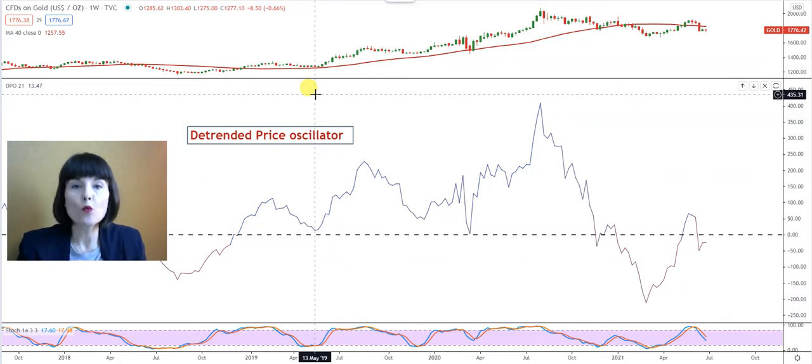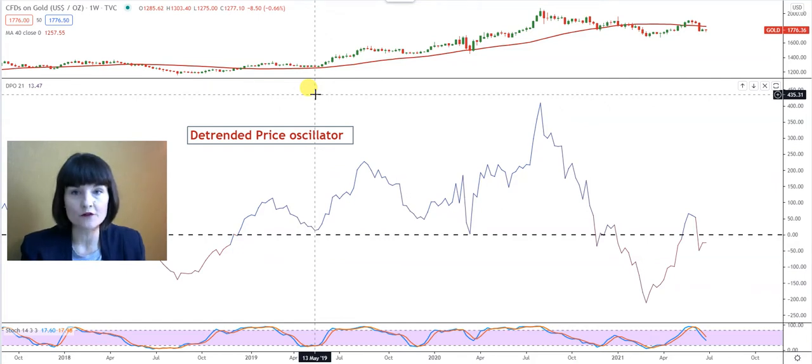And the way the detrended price oscillator is constructed is basically the difference. It measures the difference between a past price and the moving average. And remember, there are different types of moving averages, but the simple moving average we use every week, the SMA, is on a weekly graph.